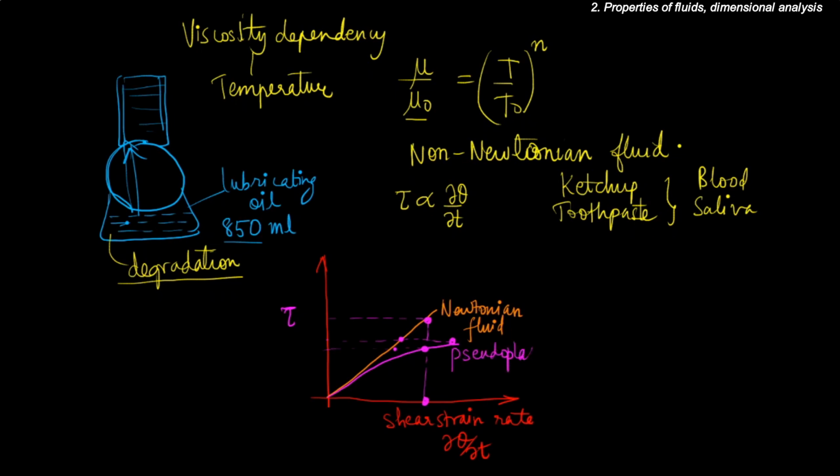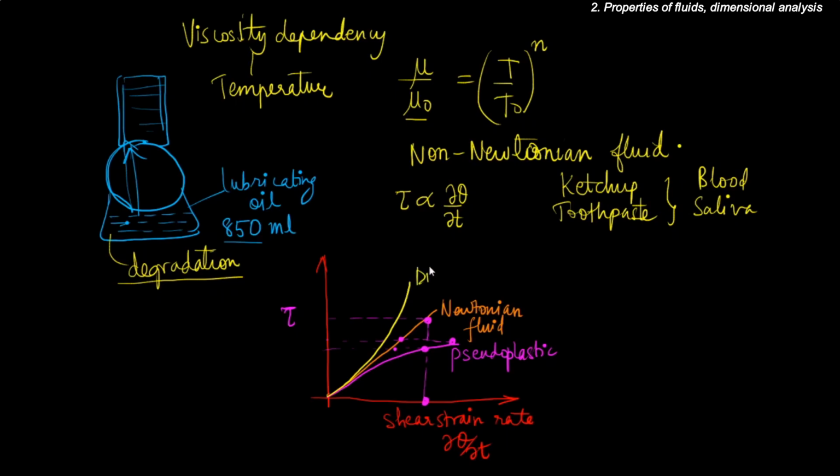And this essentially means that the viscosity of a pseudoplastic fluid reduces with an increase in the shear strain rate. Conversely, we can have the case where the shear stress at a given shear strain rate increases.